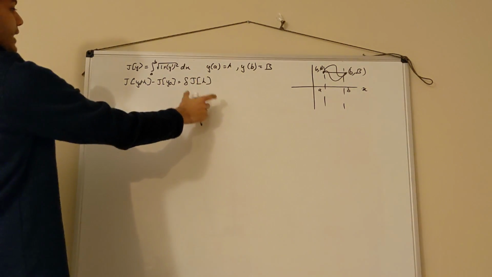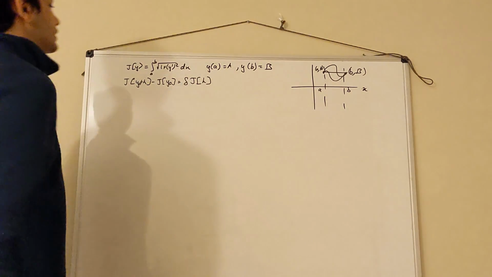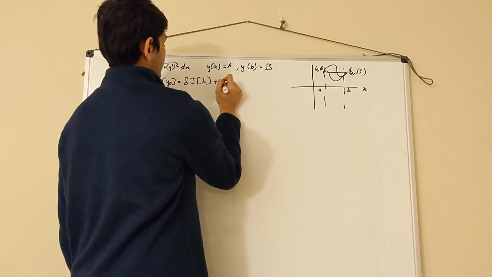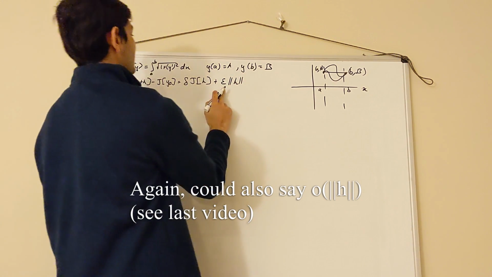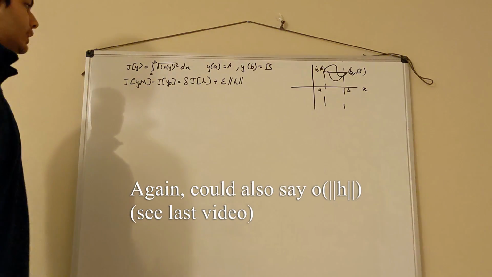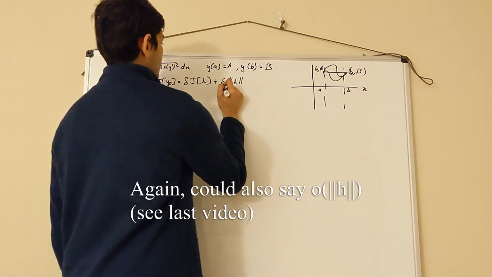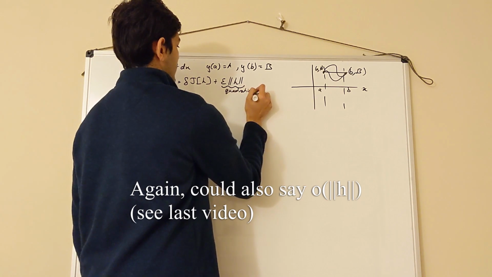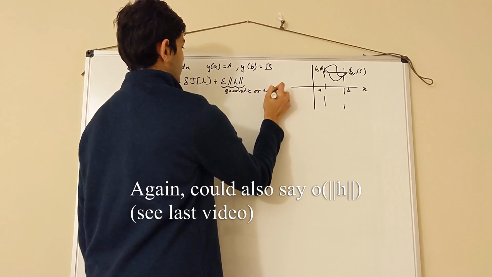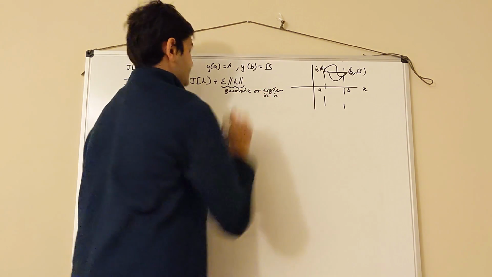Since we want to focus on that, we consider this depending on h, and then we have plus epsilon times the magnitude of h. This epsilon is a function of y0 and h, and the idea is that these terms are quadratic or higher in h.